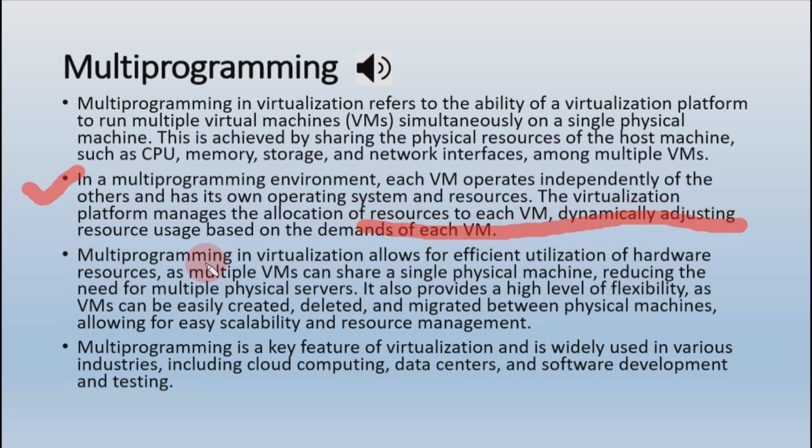Multiprogramming in virtualization allows for efficient utilization of hardware resources, as multiple VMs can share a single physical machine, reducing the need for multiple physical servers. It also provides a high level of flexibility, as VMs can be easily created, deleted, and migrated between physical machines, allowing for easy scalability and resource management.